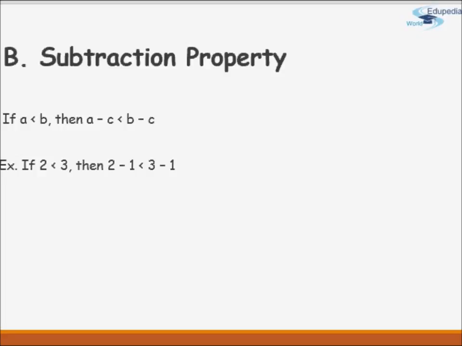No matter what numbers you have, if you make the same change on both sides, just like the change in the addition property was an addition, this change is a subtraction. So no matter what change you make in both cases, the inequality will still hold. This is what these properties are there to tell you.